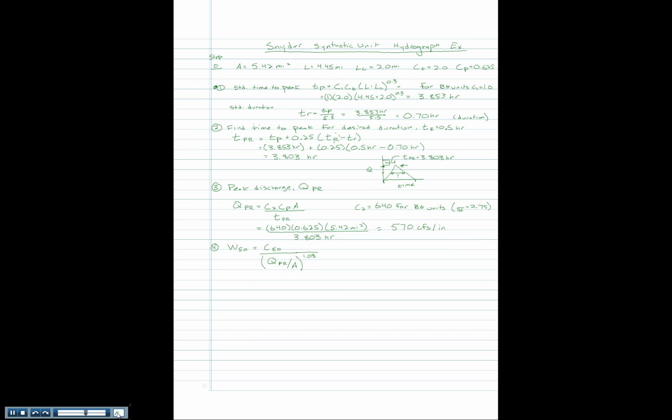Alright, C sub 50 is 770 for BG units. Had we been in SI, the units then would be 2.14.